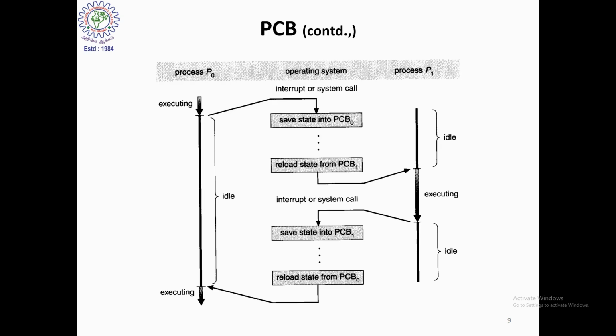At that time, the currently executing process has to save its state, and only then switch from one mode to the other. After the utilization of those resources and after releasing them, it has to go back to the previous state. At that time, we must know which state was the last one, and we need to get that information from the process control block only.